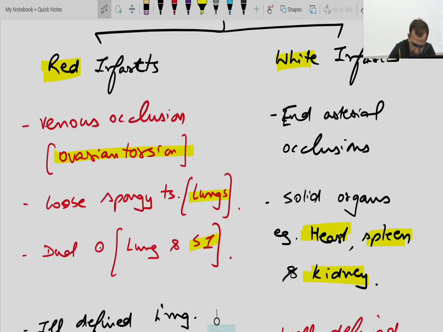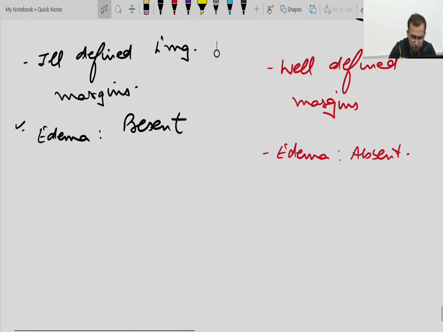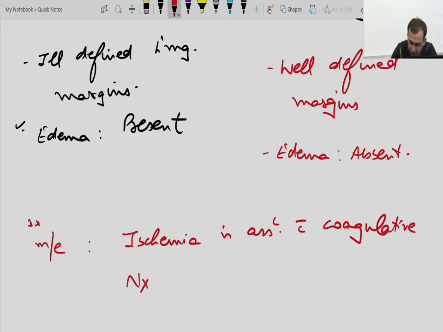Last point. Microscopically, ischemia is associated with coagulative necrosis. Again, this statement has been repeatedly asked. That is obvious.